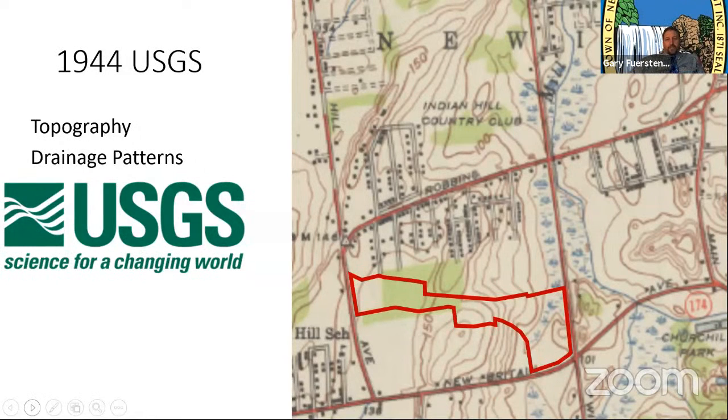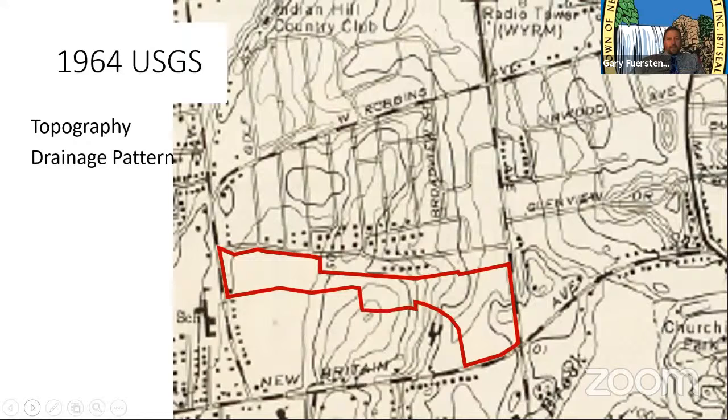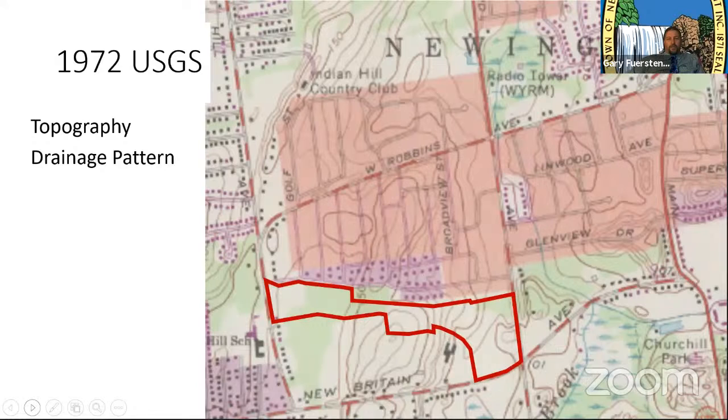I'm just going to zip through. I got about 5 or 6 of these slides. You can see the exact same drainage patterns. So when you go to the next slide, 1964, again, you see the same topography, the same drainage patterns to the west, the north, and the south. Next slide. 1972, again, the same pattern to the west, to the north, and the south.